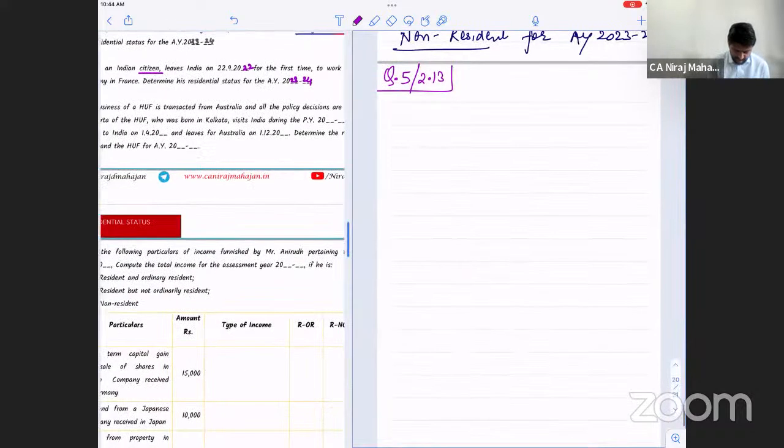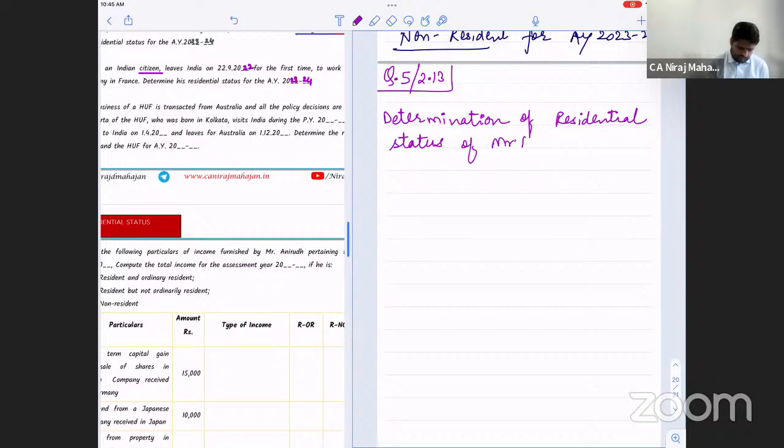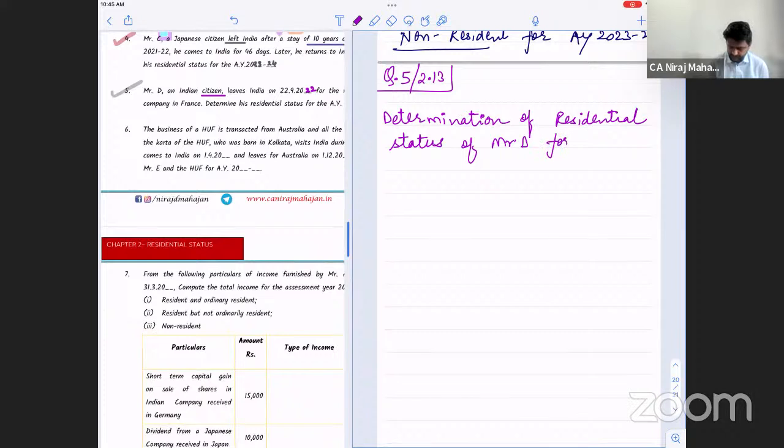Determination of residence status for Mr. D, for AY 23-24. Some hint is given to us that he is leaving India for the first time. That means he was always in India. Correct?